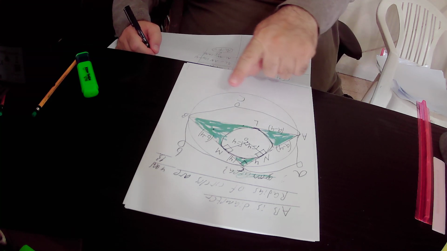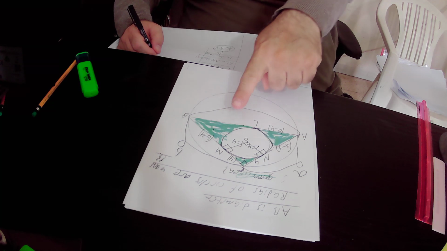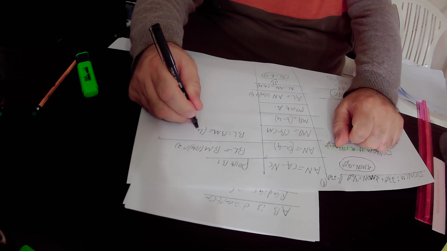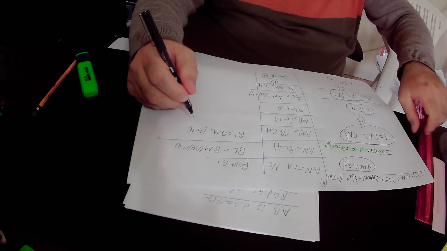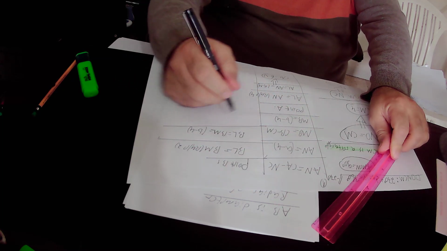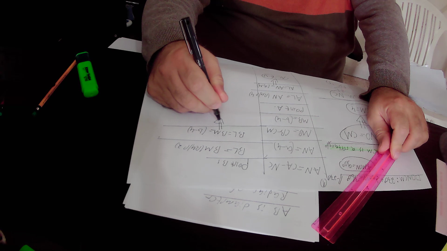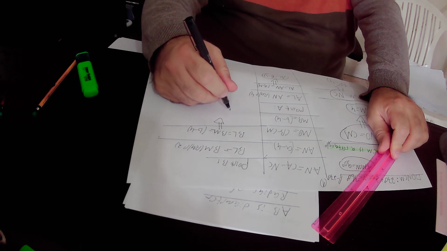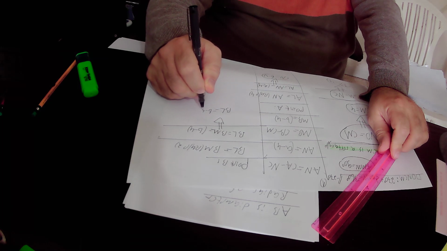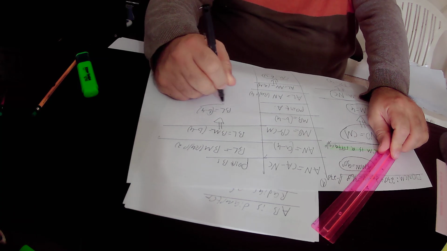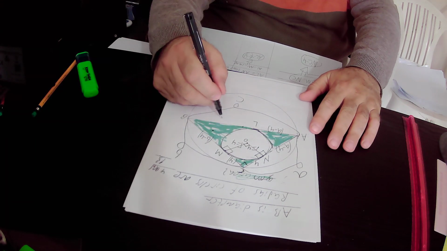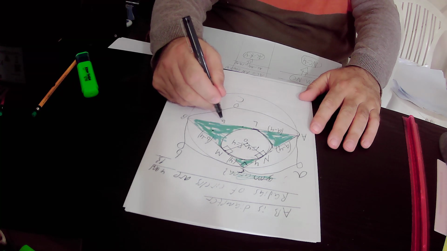But we already found out that BM equals B minus 4. So we can write here that BM equals B minus 4. And from this equation, BL equals BM equals B minus 4, we will derive that BL is also equal to B minus 4.